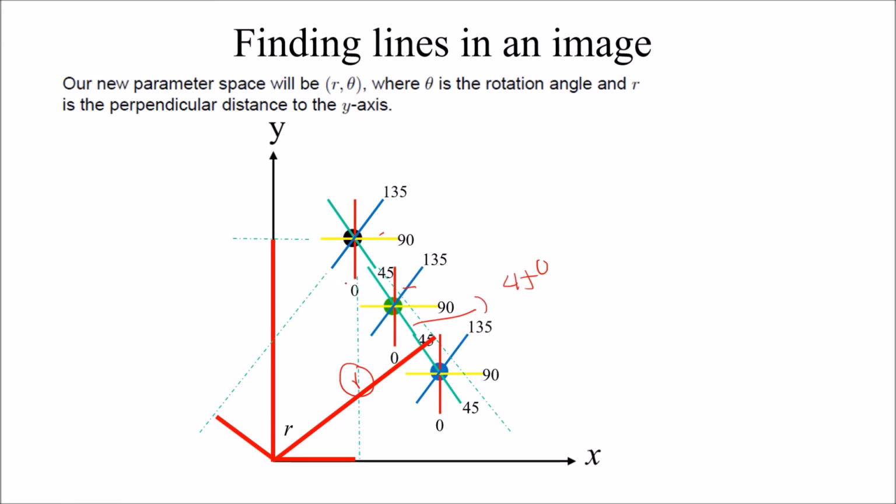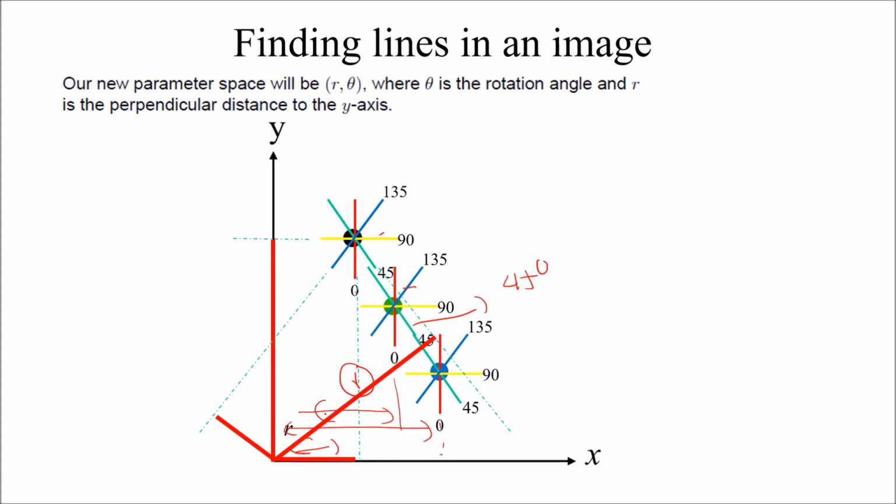Let's say you pick 0 degree. For the 0 degree, this is the calculation for the first edge. For the second edge, you see it will be a bit longer, and then for the third edge it will be much longer compared to edge number 2.